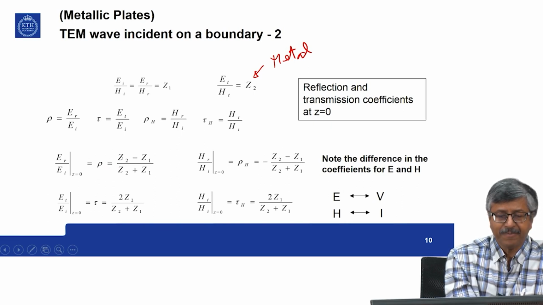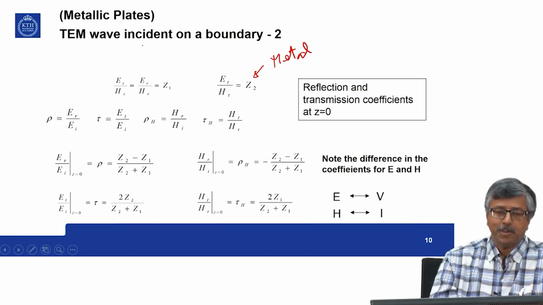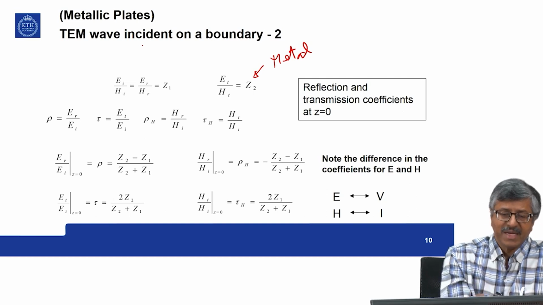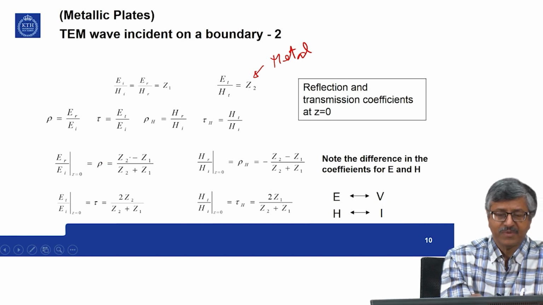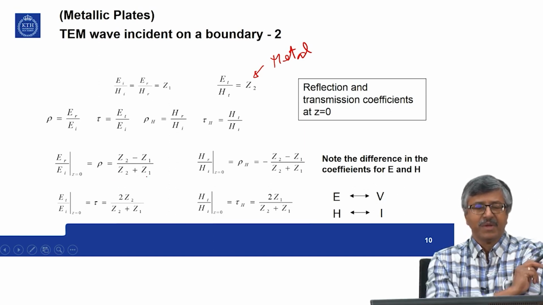You can write from the, since we assume that wave is TEM and inside the metal also it is TEM kind of wave, even though it is attenuating, we can say that rho equals Z2 minus Z1 divided by Z1 plus Z2. That is the difference in the impedances divided by sum of the impedances. This is for the electric field.